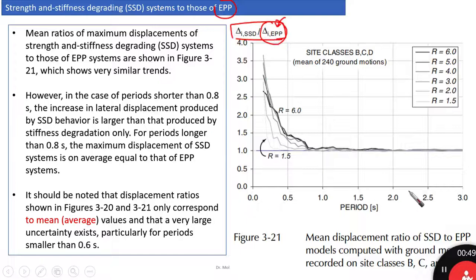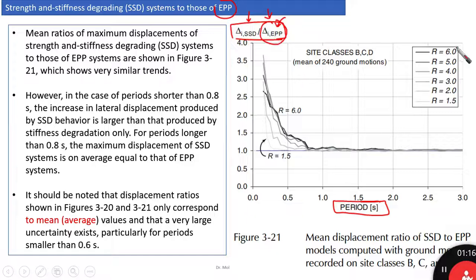And here, as we explained in the previous graph, you can see a similar pattern. In the horizontal axis is the period of the single degree of freedom system, and in the vertical axis is the ratio between the two responses, as I mentioned.